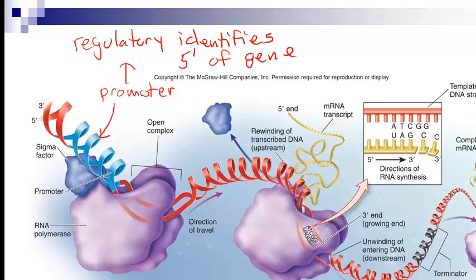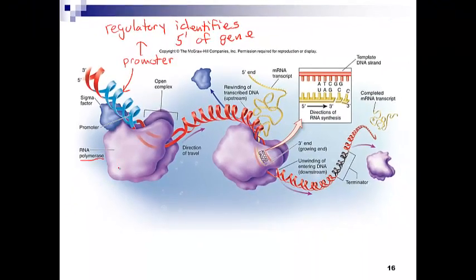See, there's a protein that does all this, right? It's a polymerase. Just like DNA polymerase made polymers of DNA, RNA polymerase makes polymers of RNA. And so how does this enzyme know where to begin? Well, it's going to bind this promoter region through one of its subunits called a sigma factor.